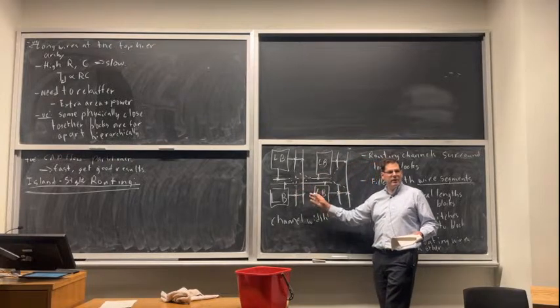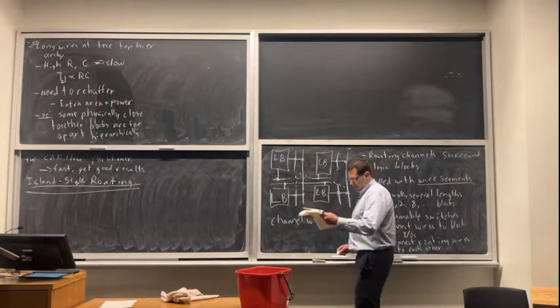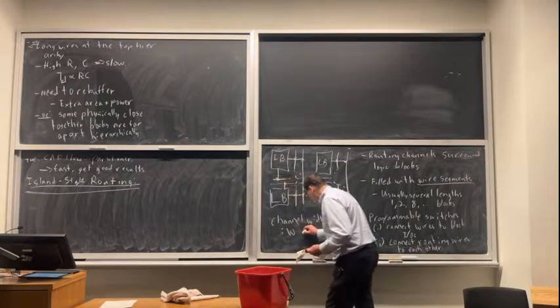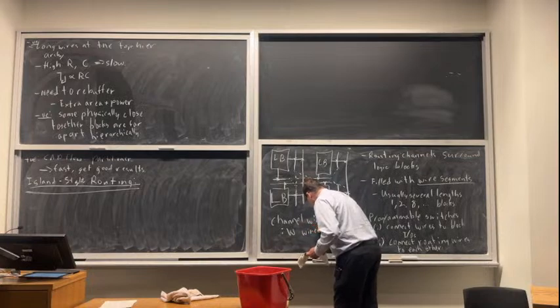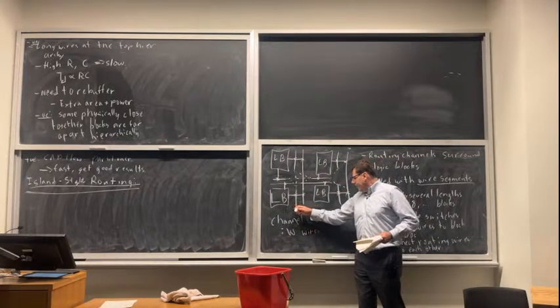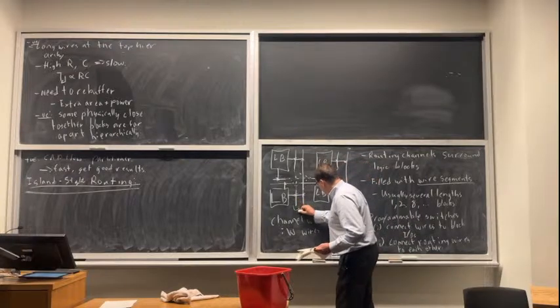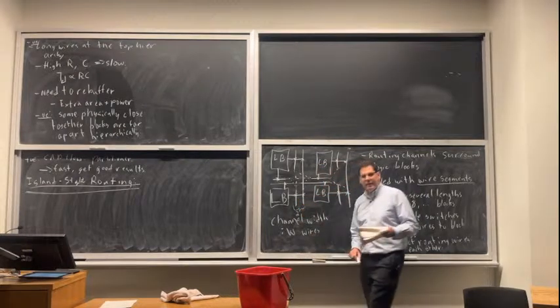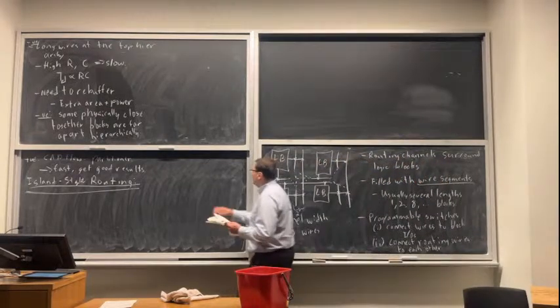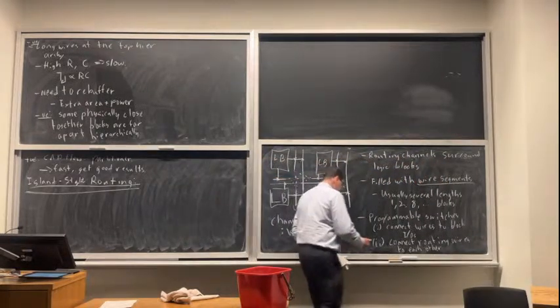So here the channel width is 2. And we usually give that the variable W. Okay, so W wires per channel, and here W would be 2.